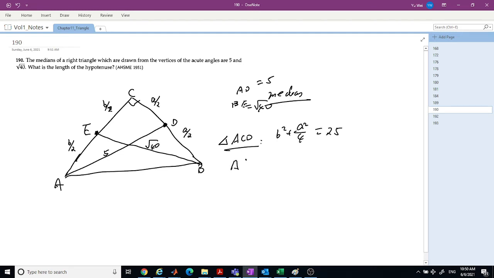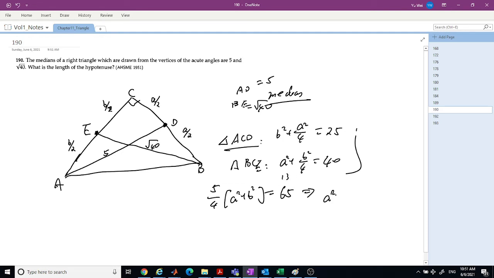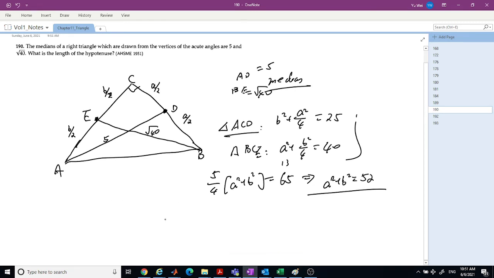Pythagorean on triangle BCE: a squared plus b squared over 4 is equal to 40. Now we have 5 over 4 of a squared plus b squared is equal to 65, right? So a squared plus b squared is equal to 52. Now we can solve AB, right? AB is the root of a squared plus b squared, which is 2 root 13.